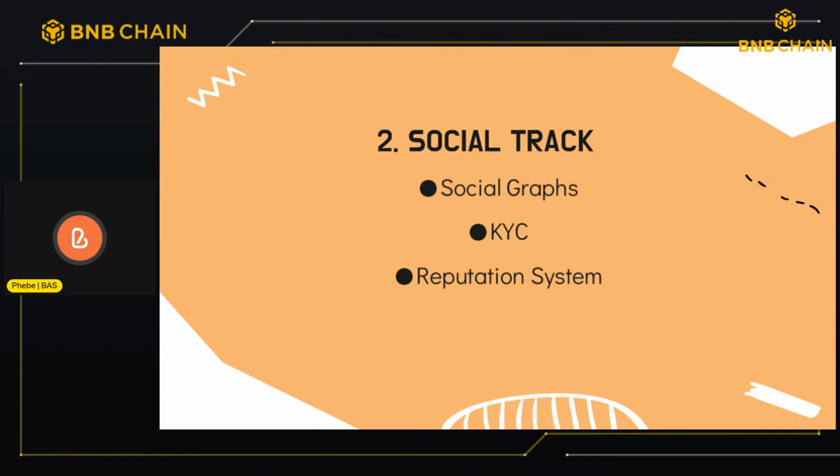You can use BAS as a base layer for social graphs to enable the creation of truly decentralized and interoperable social networks, because attestation provides a way for users to securely and selectively share their data with others while retaining control over their personal information.